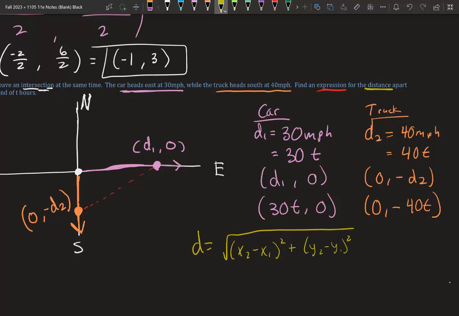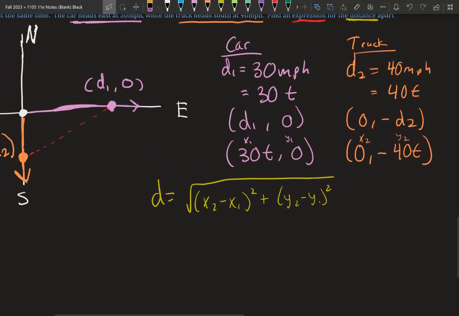And you know where our x2, x1, y2, y1 come from? They're coming from the points we actually just created. Okay, let's plug them in.